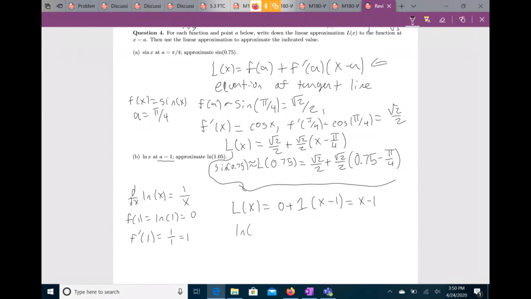So then ln of 1.05 is estimated by plugging in 1.05 into our approximation, which just gives us 1.05 minus 1, or 0.05.